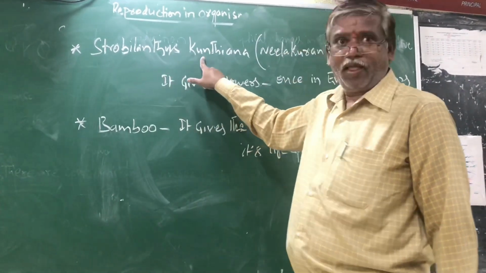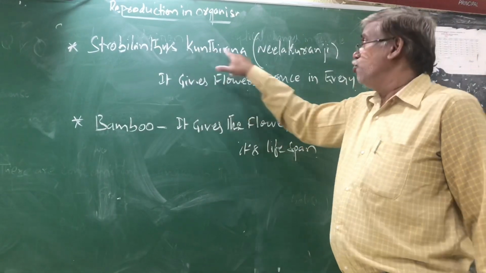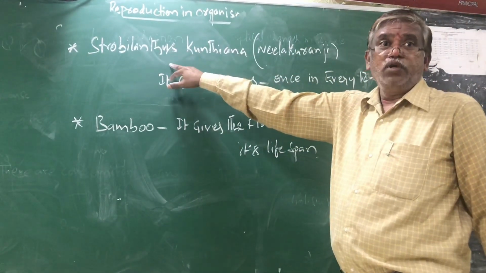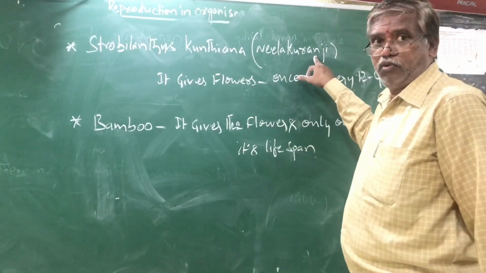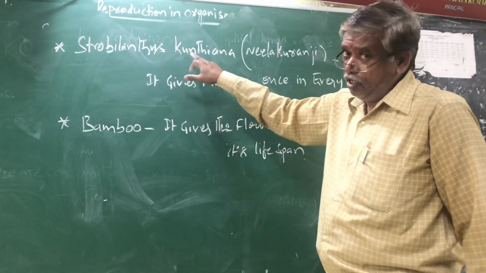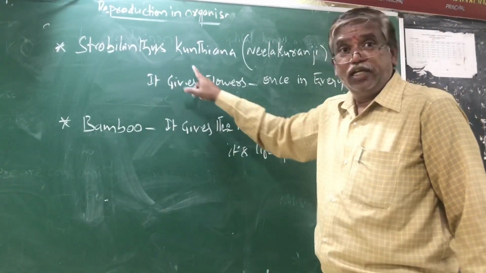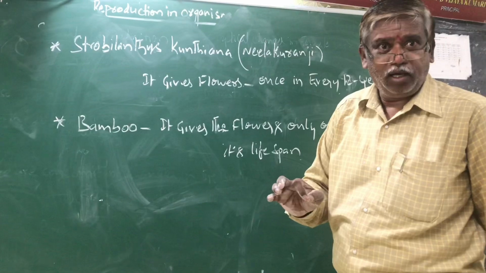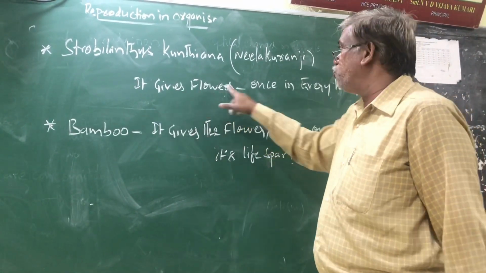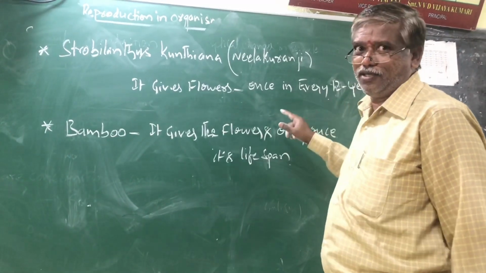Strobilanthes kuntiana, also called Neelakurinji, is a perennial plant that gives flowers only once in every 12 years.